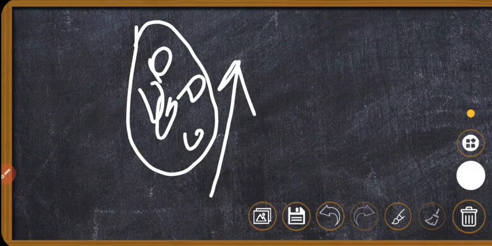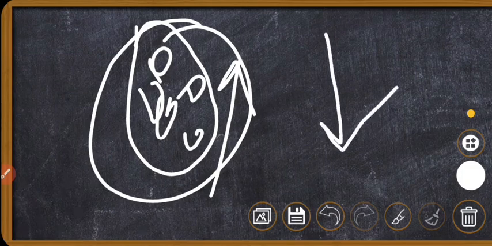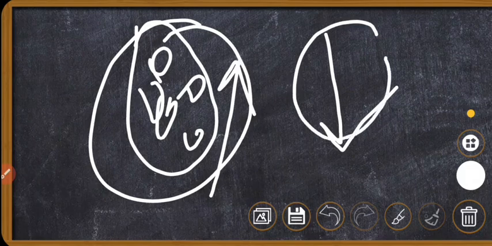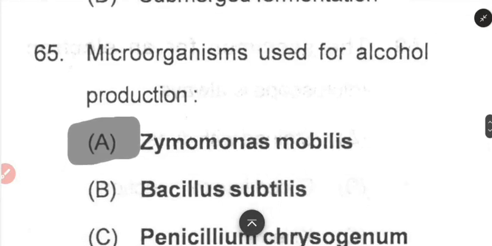But after the fermentation process is completed, when we try to separate our required antibiotics, that process is called downstream processing. In that process we utilize different technologies like chromatography, affinity chromatography, centrifugation, HPLC, and all these things, and these are called downstream processing.